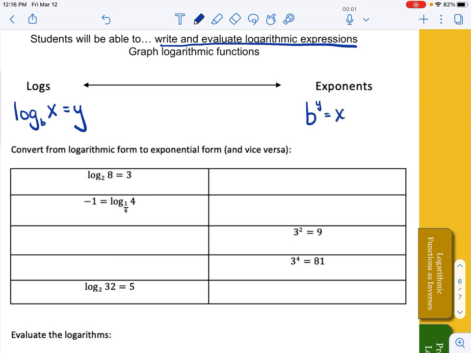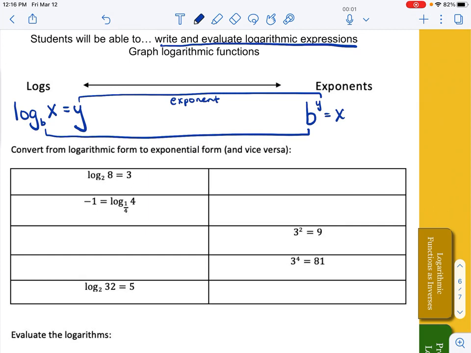Now notice that you can switch between these. y is the exponent, and b is the base, while x in the exponent form is what b to the y is equal to, okay? So we are going to convert from logarithmic form to exponential form and vice versa.